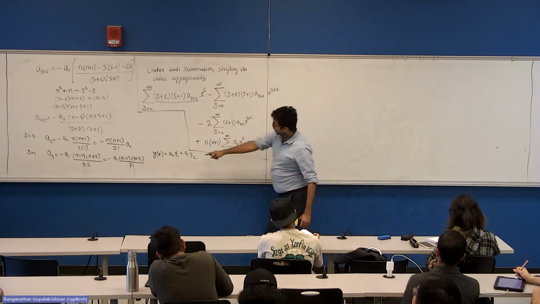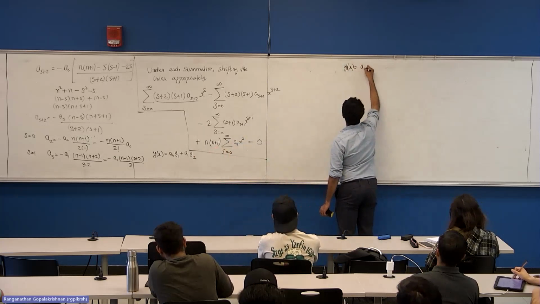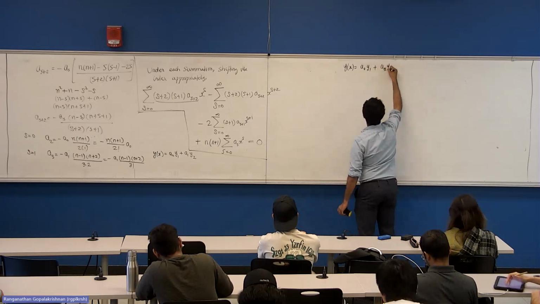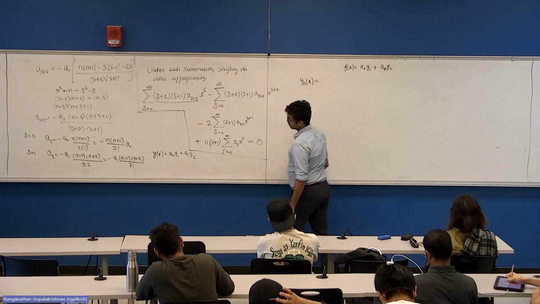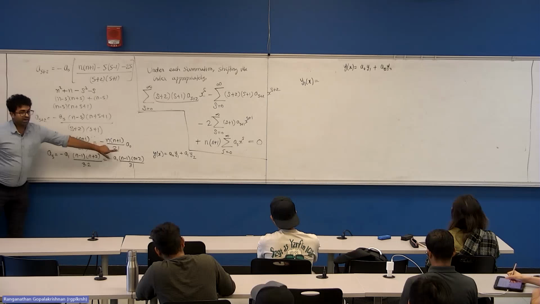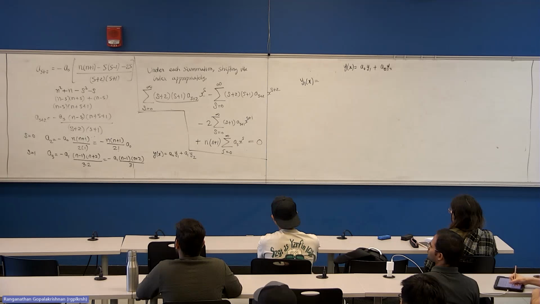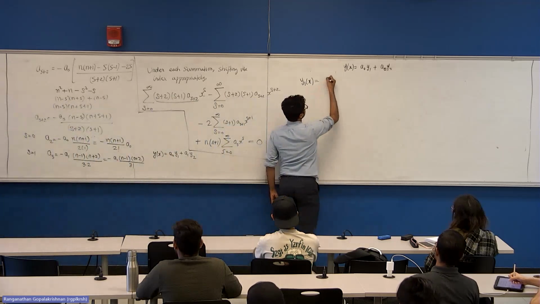So I'm writing y of x equal to a naught y1 plus a1 y2, where y1 of x equal to, you need to collect all the terms which are going to depend on a naught. Can you tell me which are going to be those terms? All the even powers. All the even powers are going to be depending on a naught.